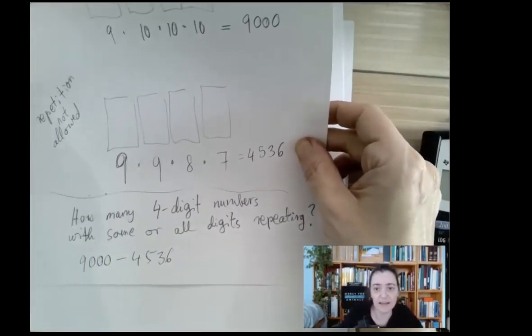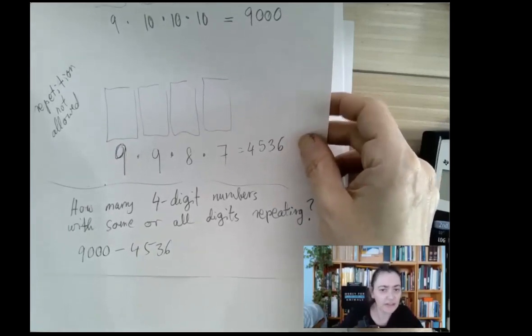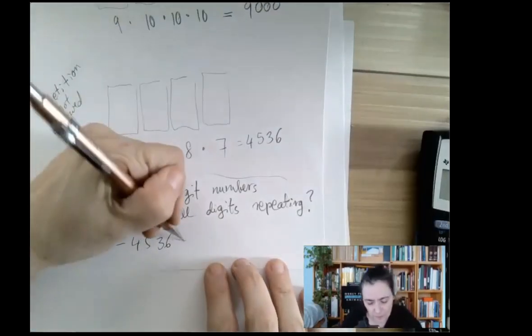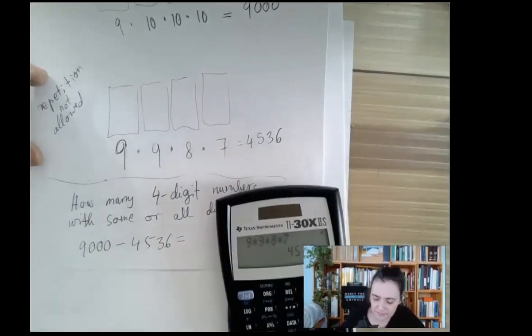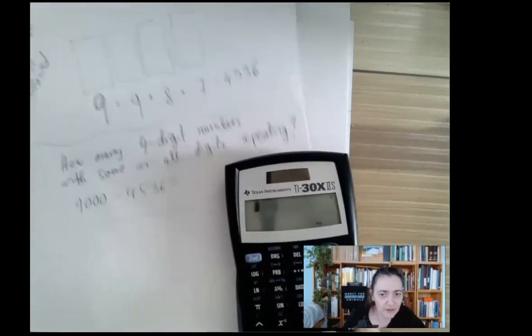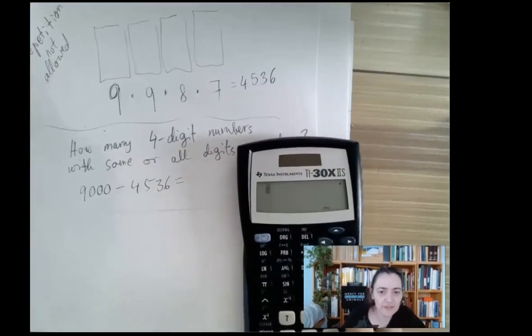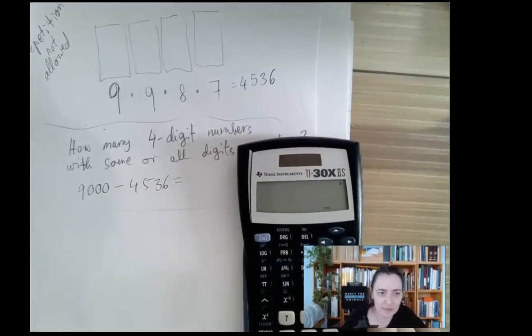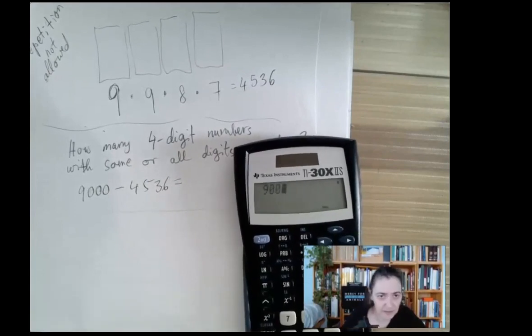So the rest has to be with repetition. Otherwise, this is a pretty difficult question. It's a sweet little trick there. Sometimes, actually quite often, it's easier to count the things we're not interested in, and then we subtract. 9,000 minus 4,536.